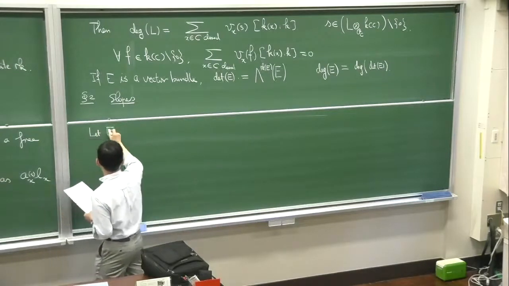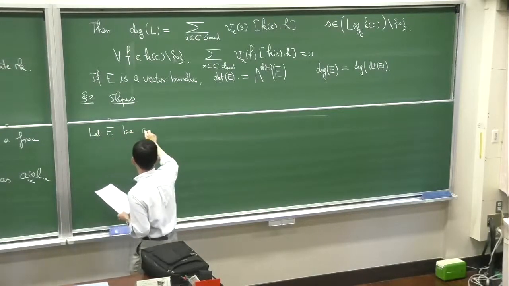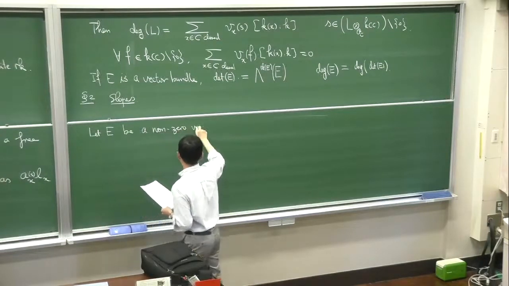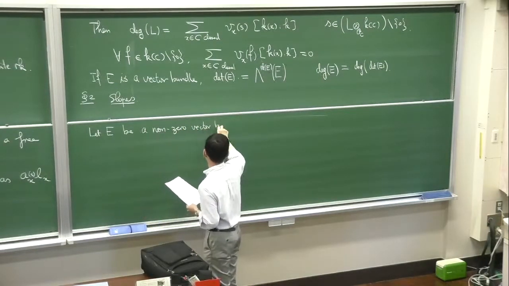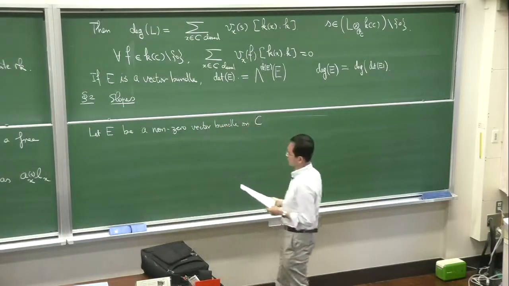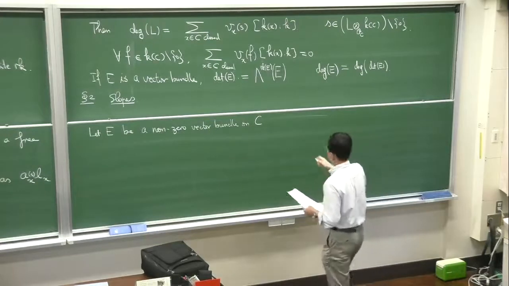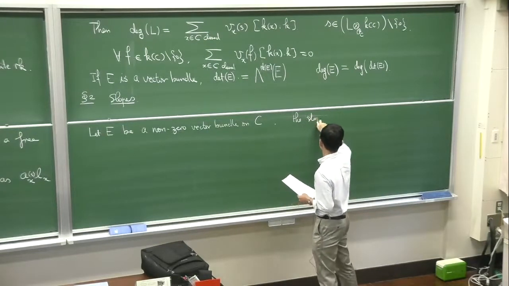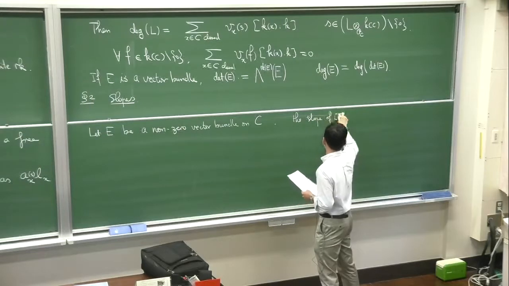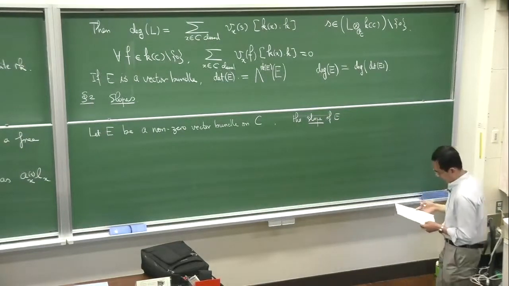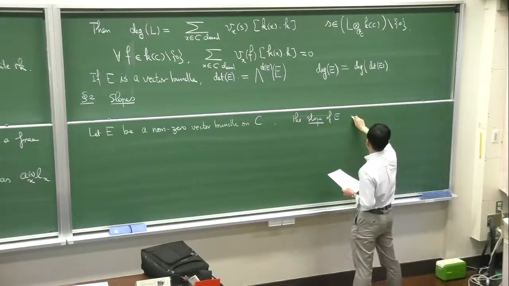Let E be a non-zero vector bundle on C. The slope of E is just defined as the quotient of the degree of E over the rank.